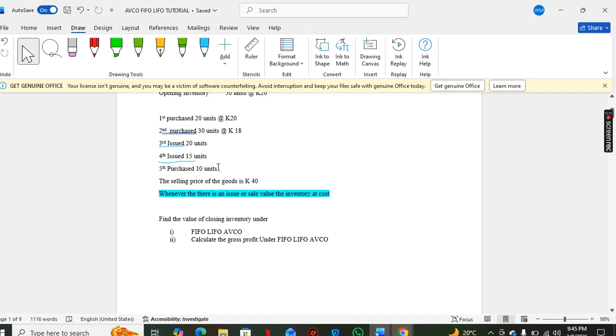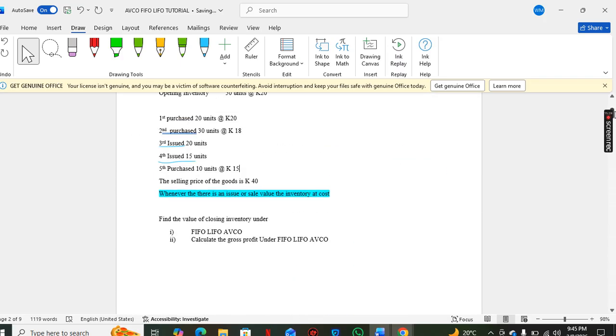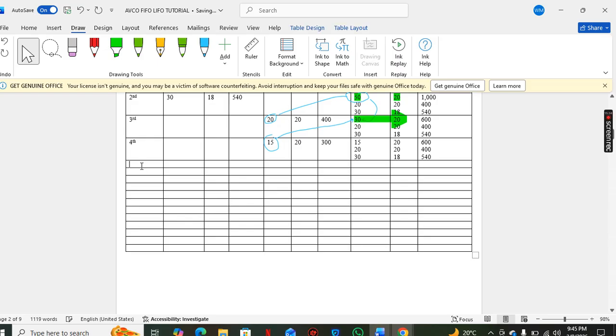I purchased 10 units. What was the price here? Purchased 10 units at 15 kwacha. That's on the 5th. Purchased 10 units valued at 15 kwacha.